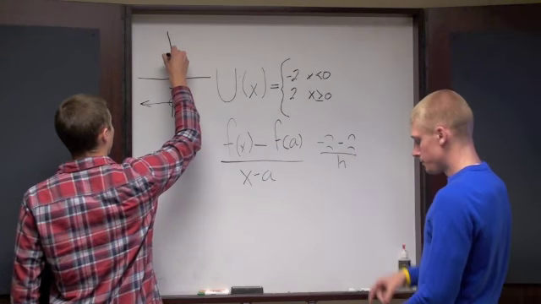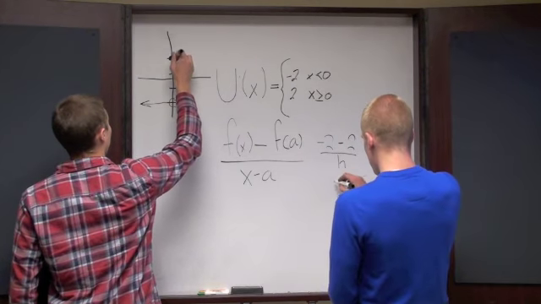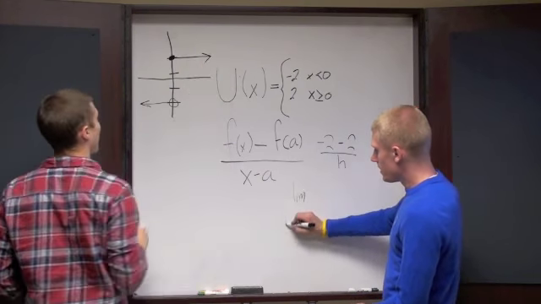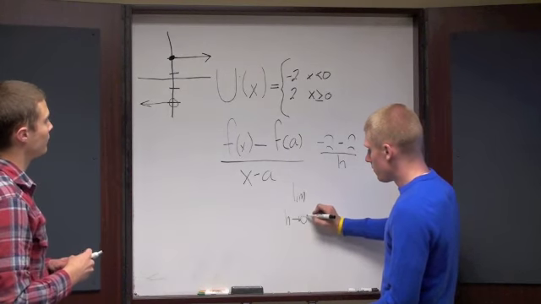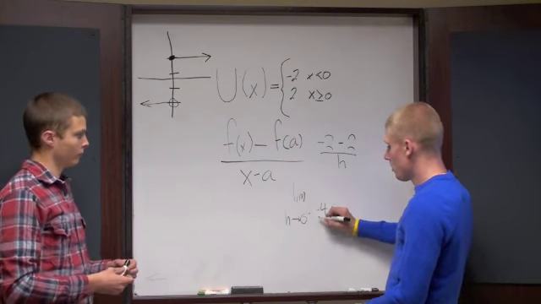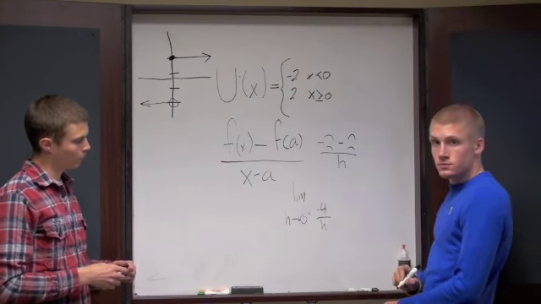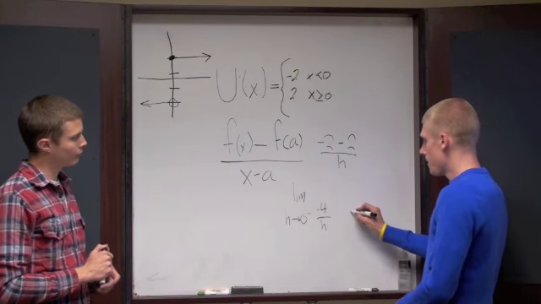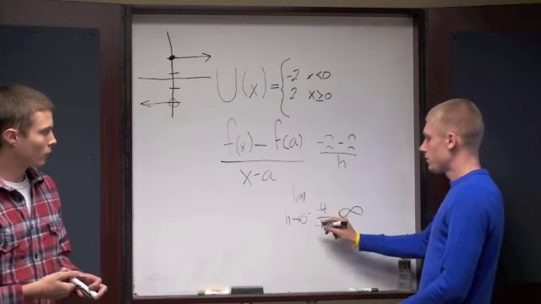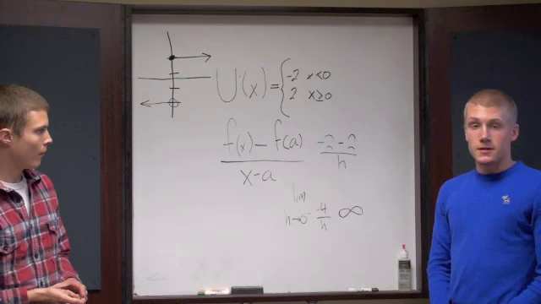Once you have this, it shows the limit as h approaches 0 from the negative side is -4 over h. Thus, the limit as h approaches 0 from the negative side is infinite.